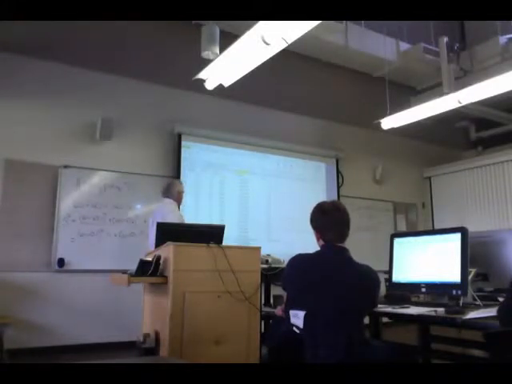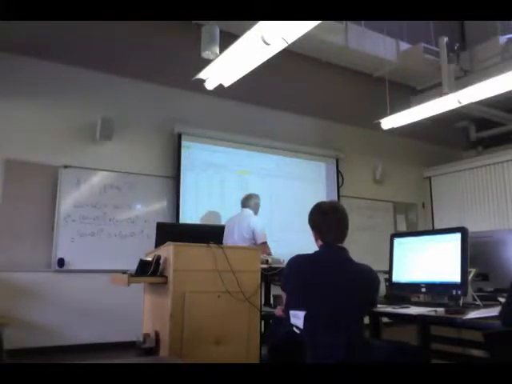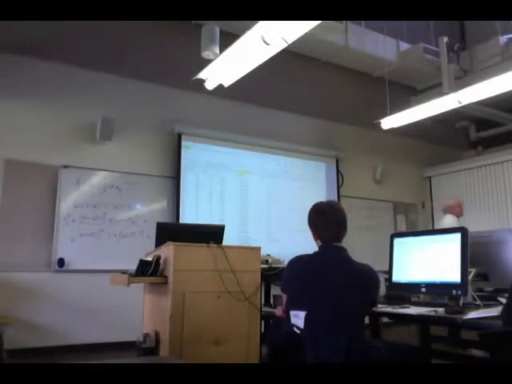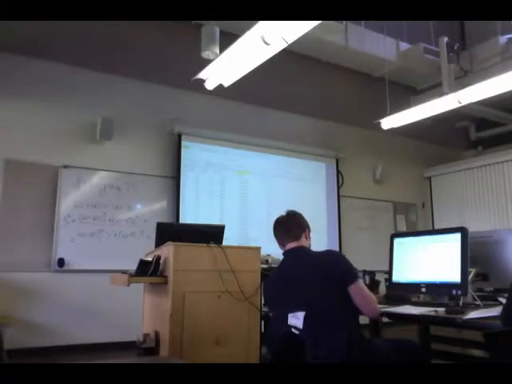To compute the square root in Excel, one way of doing it is to use the function sqrt. You can also take a number and raise it to the 1/2 power or raise it to the 0.5 power, and that's the same thing.